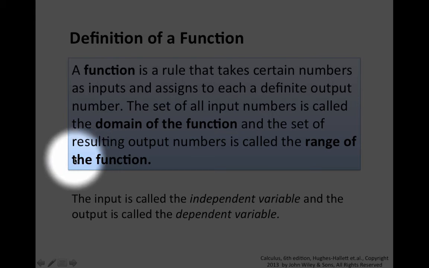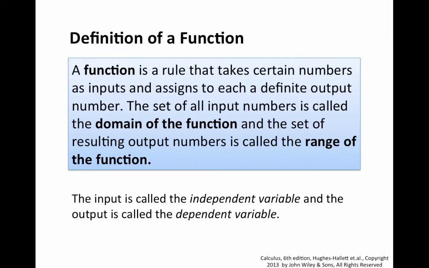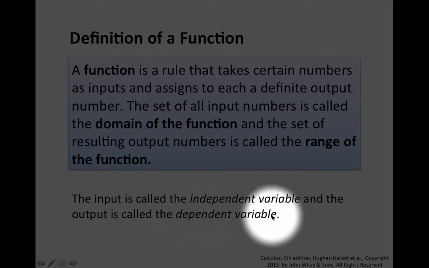Now, I'm sure in your other classes we've spent a lot of time trying to make sure you weren't confused between a relation and a function. A function has one output and only one output assigned to each input. Simple enough. Okay, the input is called the independent variable, and the output is called the dependent variable.